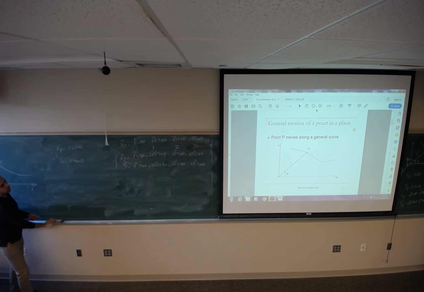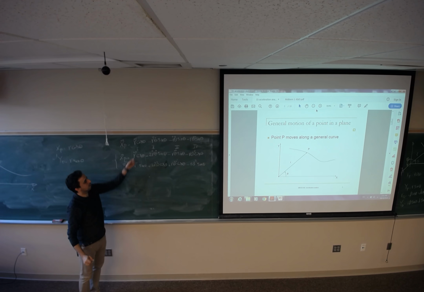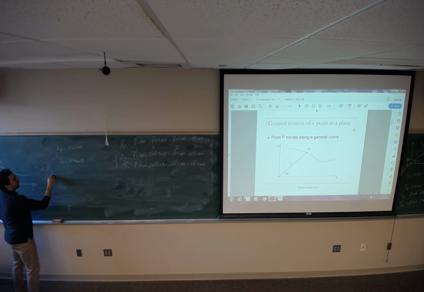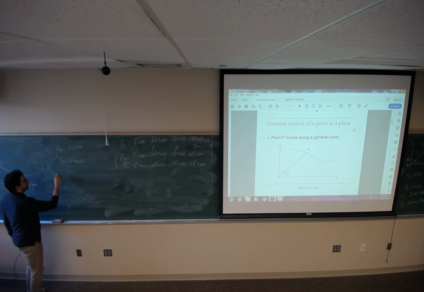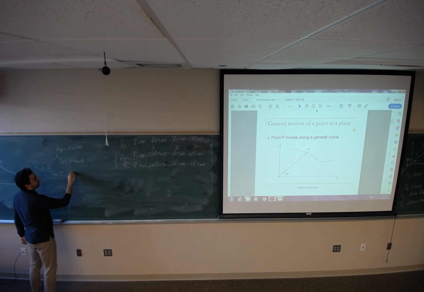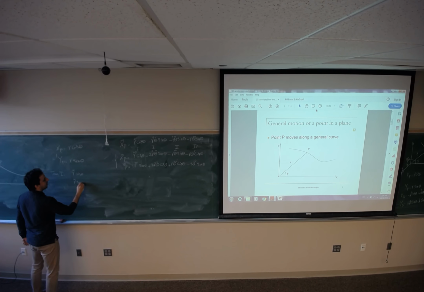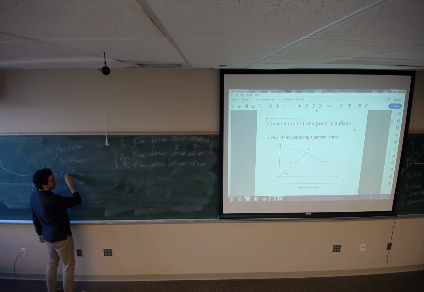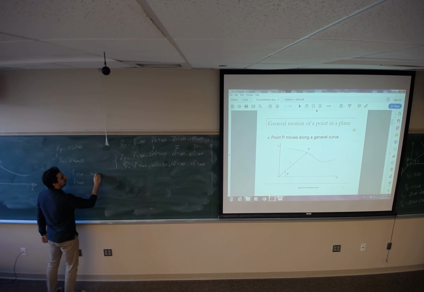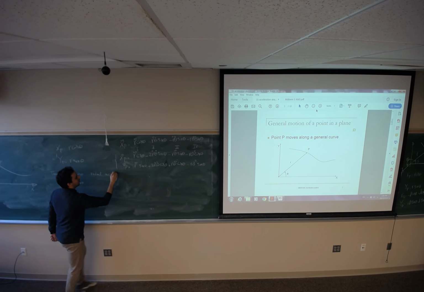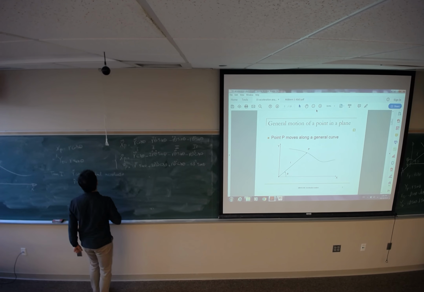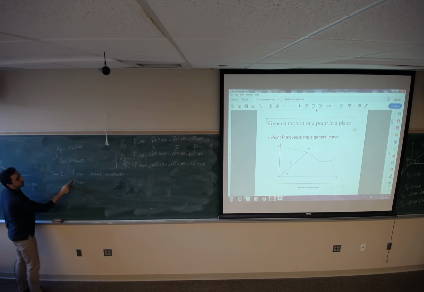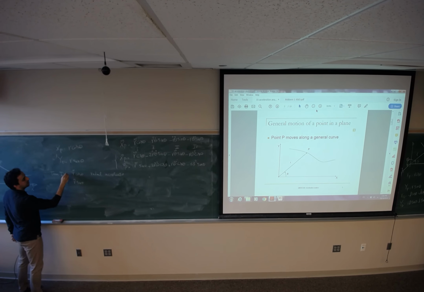All right, back to this problem. Term 1 has these two terms: r double dot cosine of theta as the x component, and the y component is r double dot sine of theta. We call this radial acceleration. R double dot cosine of theta for the x component, radial.